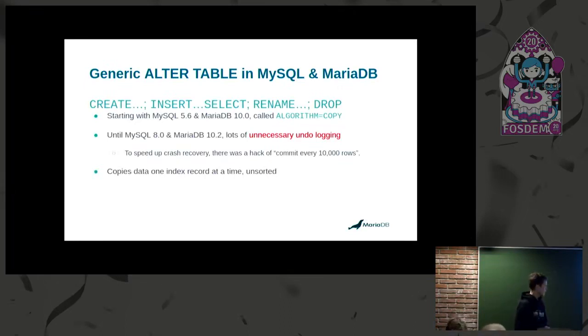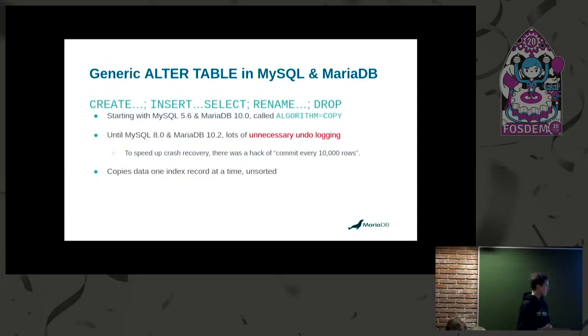And until MySQL 8.0 and MariaDB 10.2, this was creating unnecessary undo logging. While it's internally copying this table row by row, it's creating undo log for each row that it's copying. So in case you kill the server and it restarts, the server will roll back the insert into this intermediate table, which should not be visible to the user in the first place.